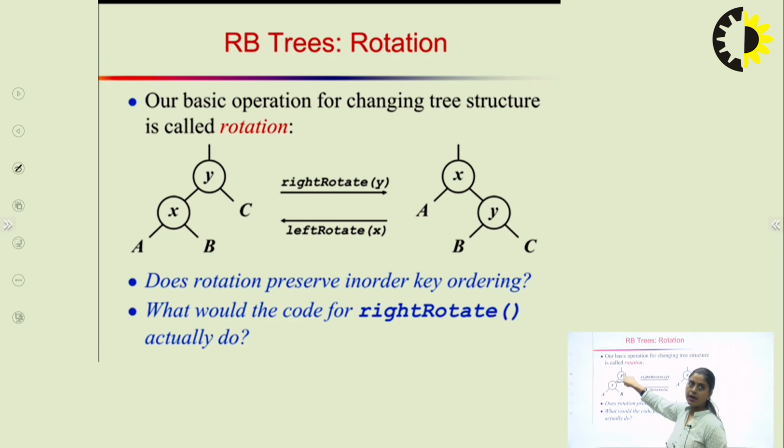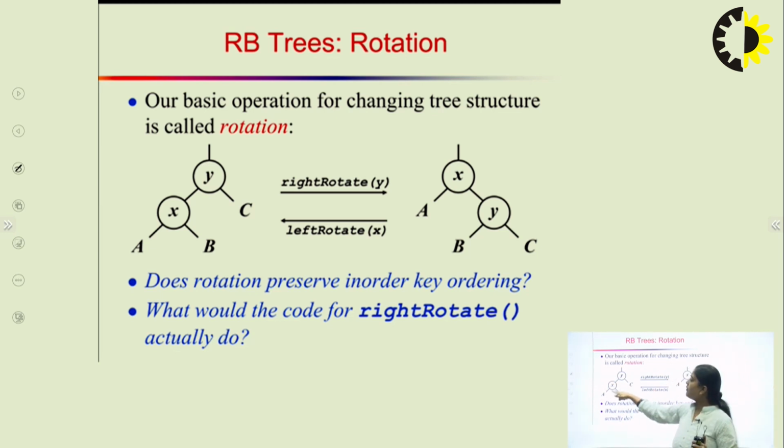So this is Y, and we have to rotate this Y in the right direction. If we stretch this Y to the right, then obviously X comes up. So X goes up and Y comes down. What does not change? When X goes up, A remains the same.